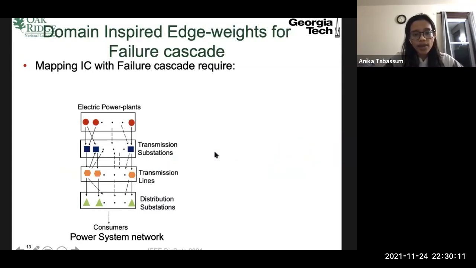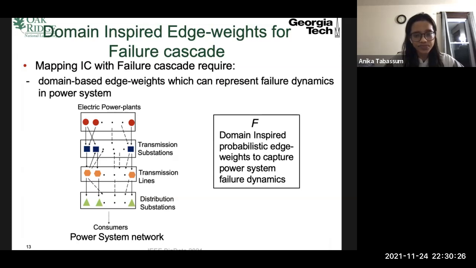To capture failure dynamics for contingency analysis, we approach a domain-inspired failure cascade model F. Basically, our idea is to develop a model for edge weights inspired from domain knowledge of power failure dynamics.